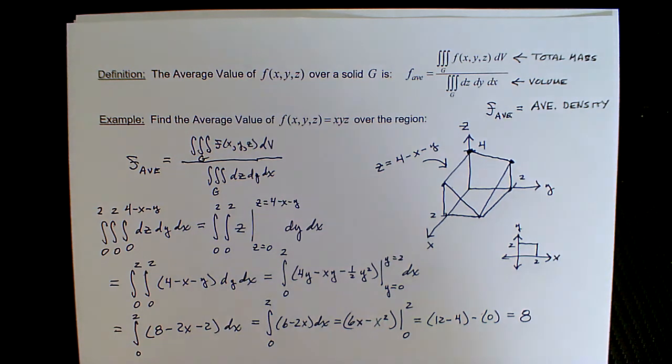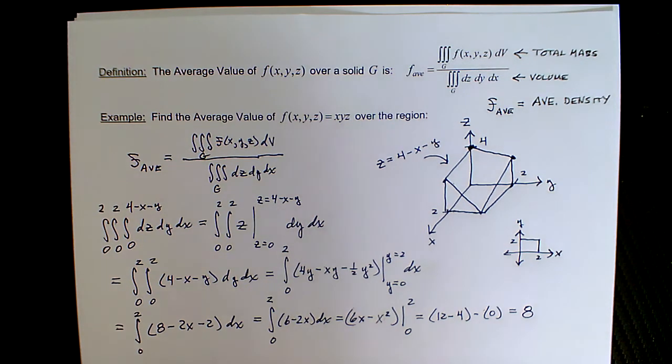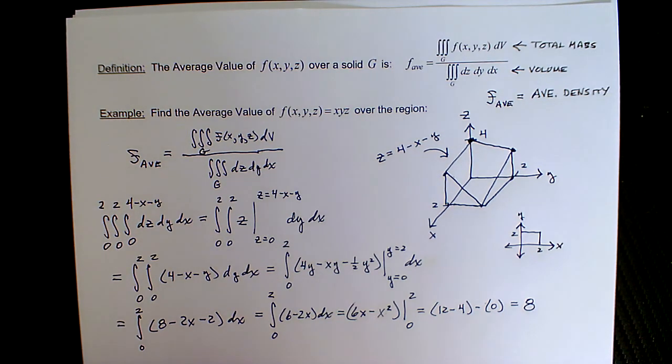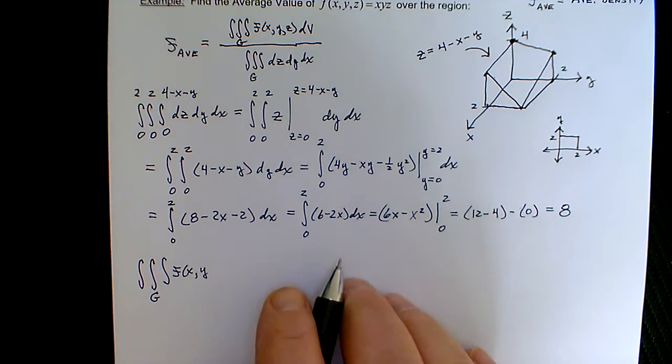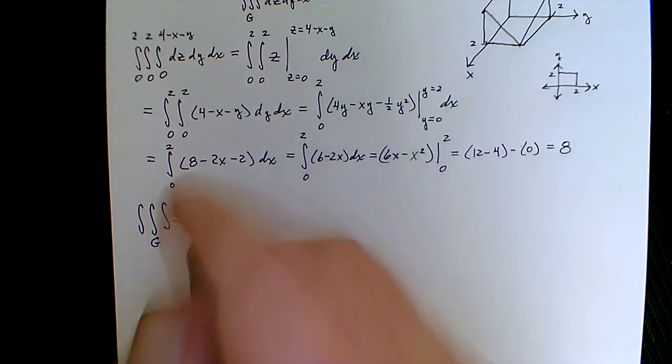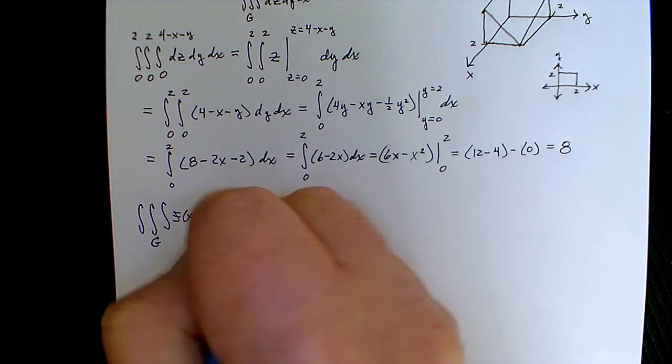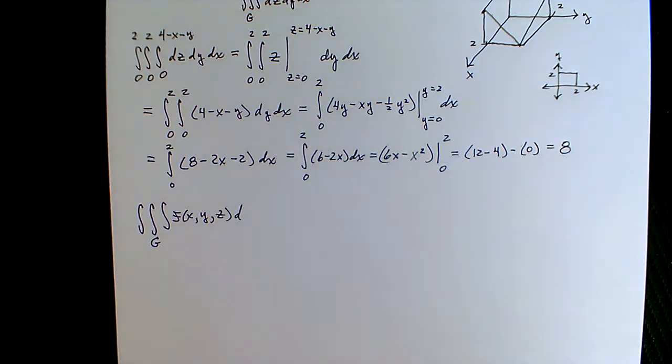Now the numerator. So the numerator is the triple integral over the region G of this function. Oops, let me move up here. Of the function, and then dv, again, we could pretty much say it's anything in terms of dx, dy, dz. dz, dy, dx, that's what I'm going to choose.